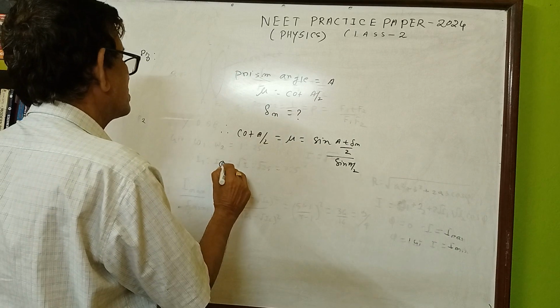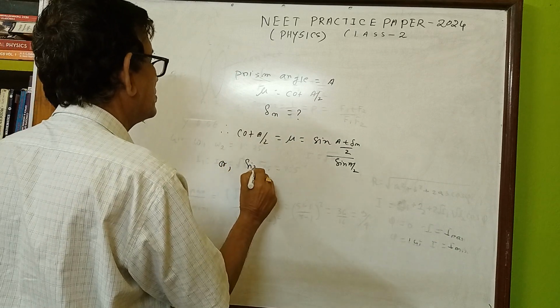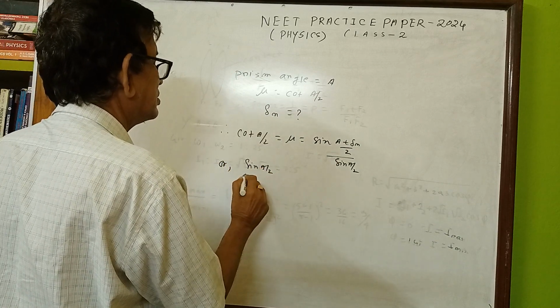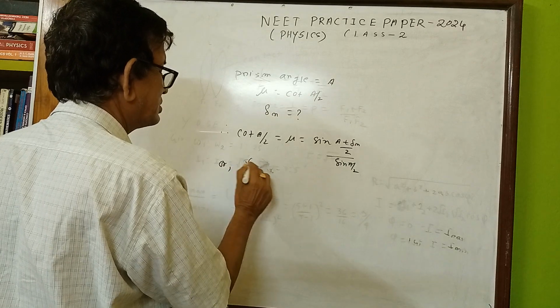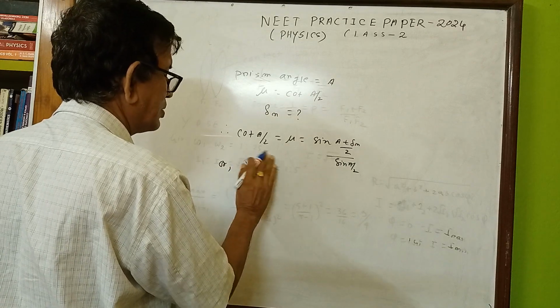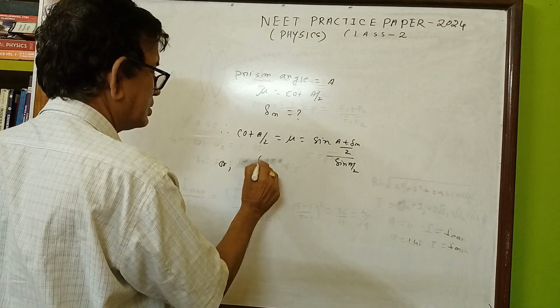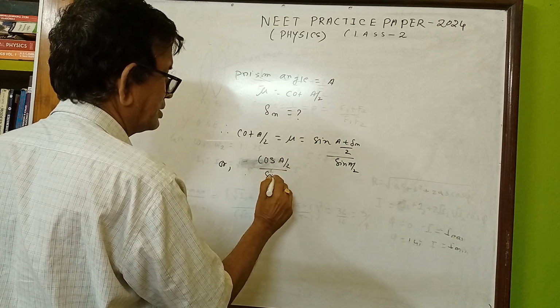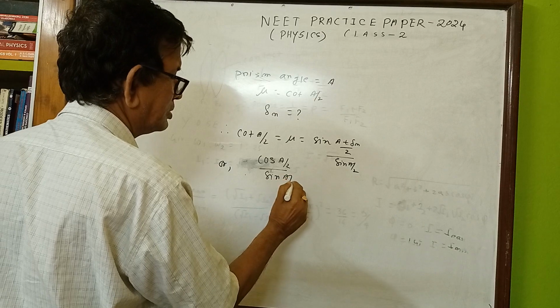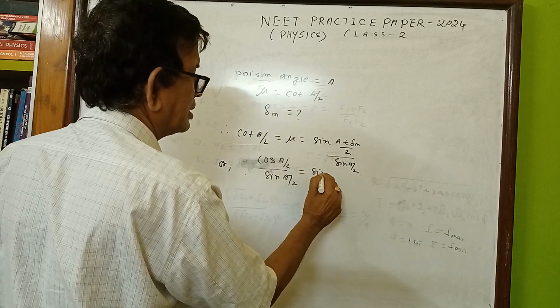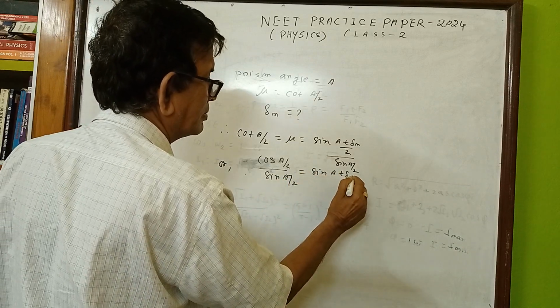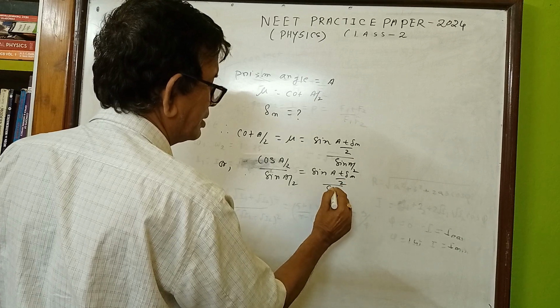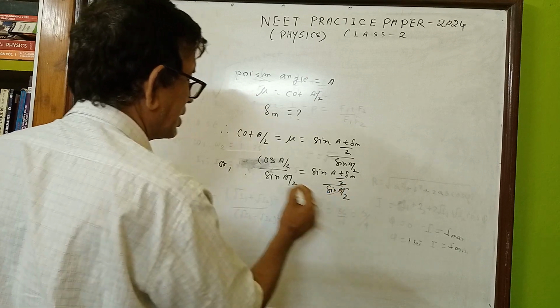So cot A by 2 means cos A by 2 by sine A by 2 equals sine of (A plus delta m) by 2 by sine A by 2.